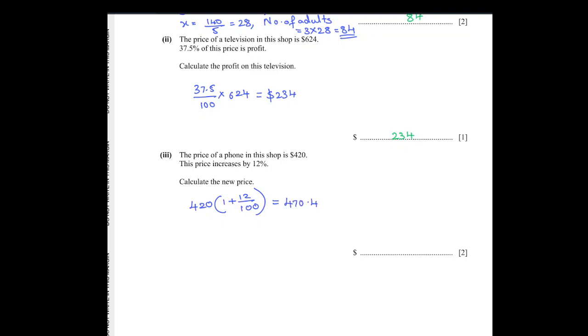So dollars should be written with 2 digit decimals, don't write 1 digit. So 470.40 will be the answer for this.